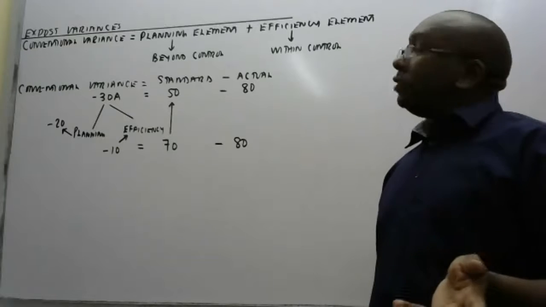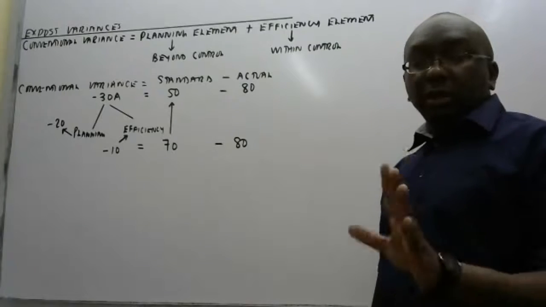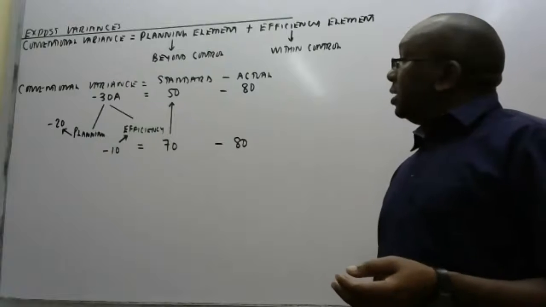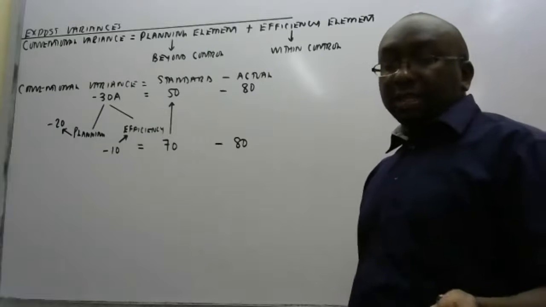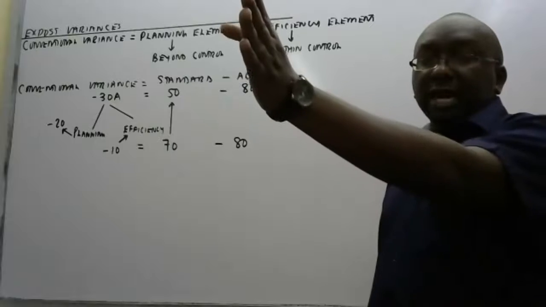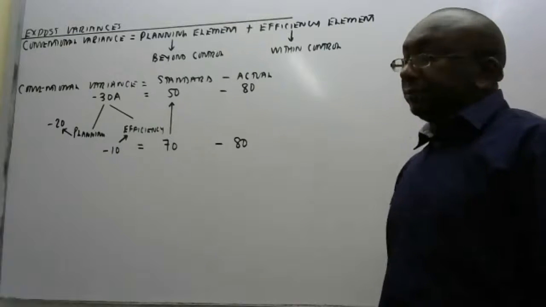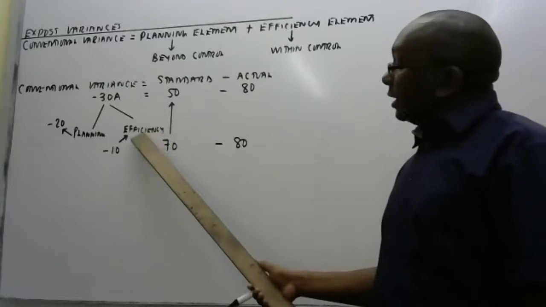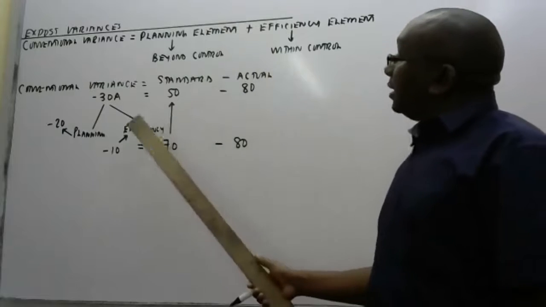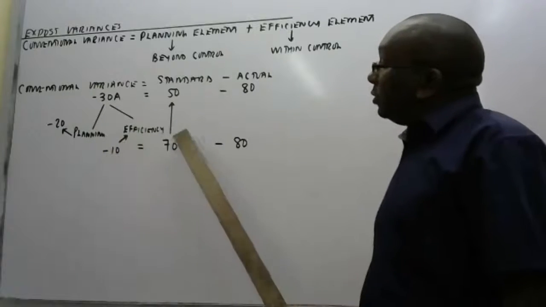If you had nowhere to start, when you go to the bus stop, why didn't you negotiate with the conductor? If you could not negotiate, or you negotiated and they never listened, why didn't you think of walking a few meters or a few kilometers? Those are things that are within control, efficiency. But rain is beyond your control.